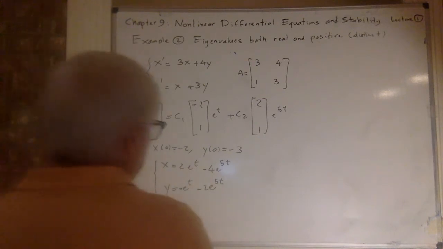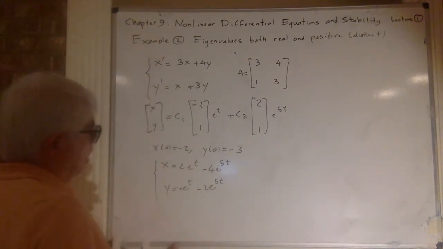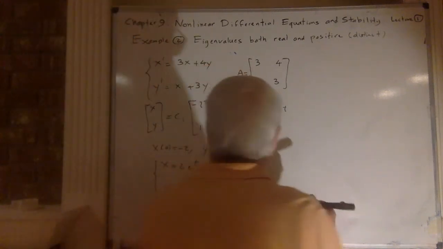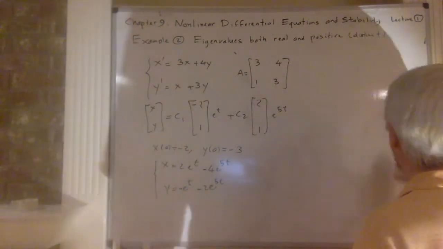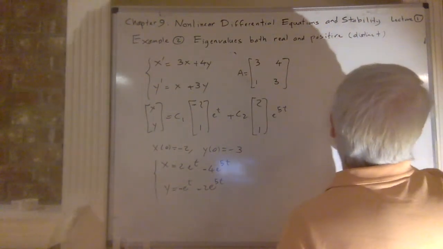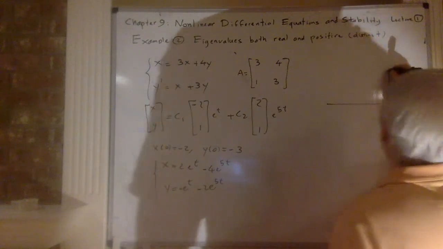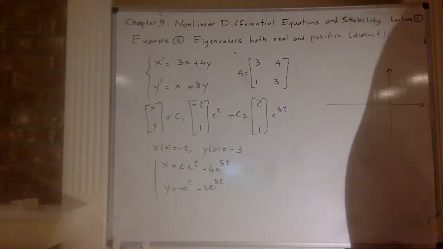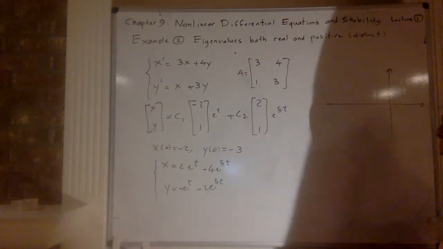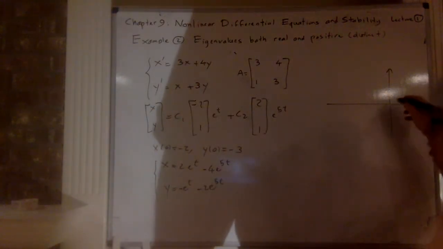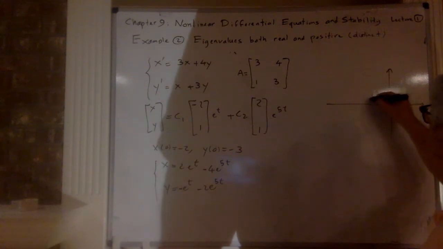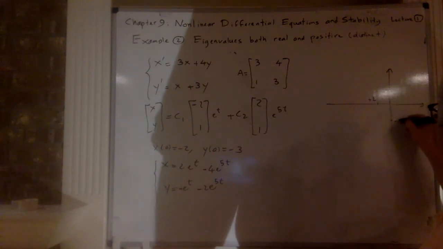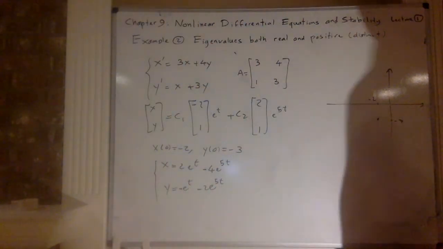Now, it's interesting if you graph this in the phase plane, parametrically plotting these two starting at 0, then it will be something like this. It starts at minus 2, minus 3, so if this is minus 2, say minus 3, it starts somewhere here, right?